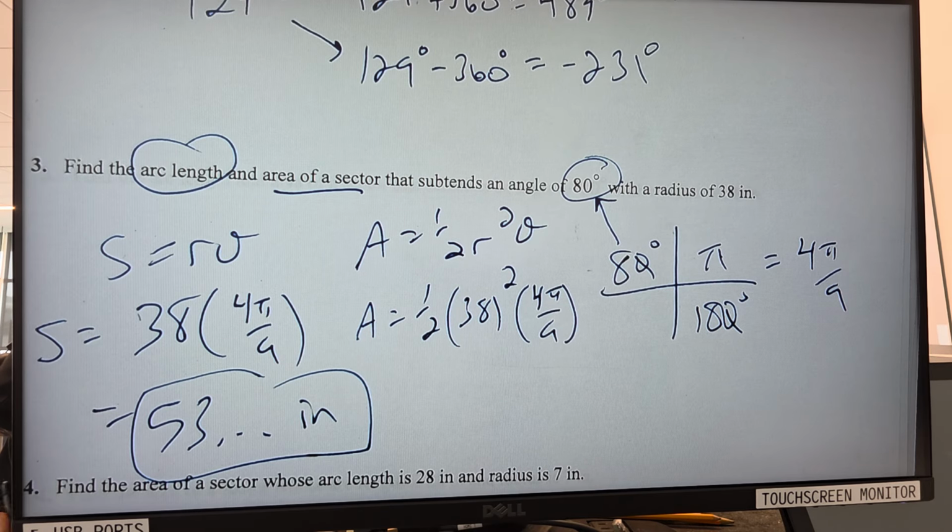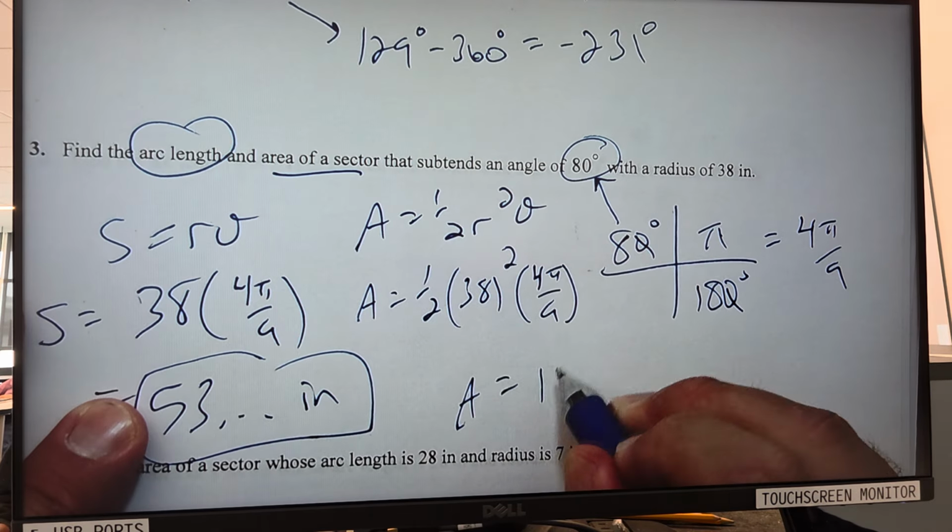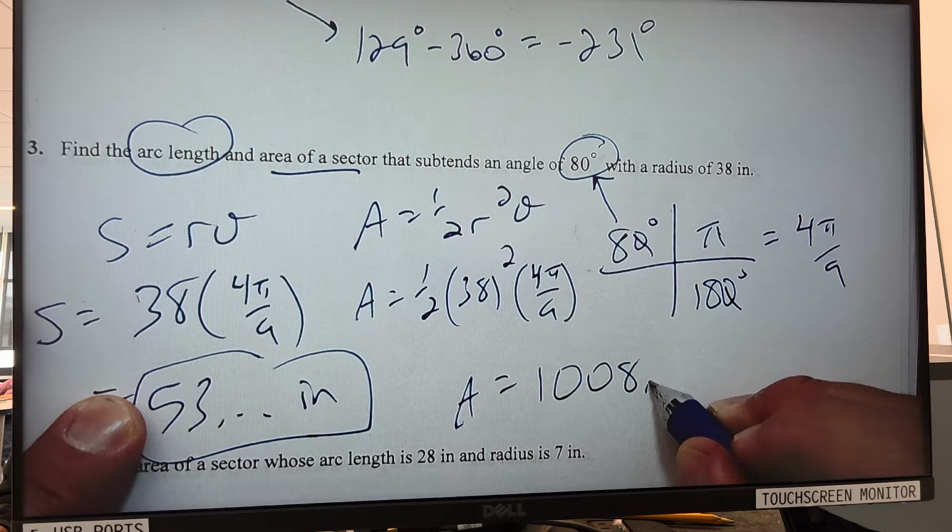So I'm going to say 971. It's 1,008.1. 1,008? Yeah. Okay. 0.2 blah blah blah.